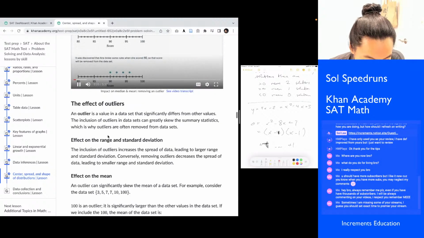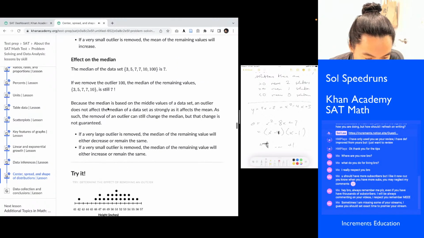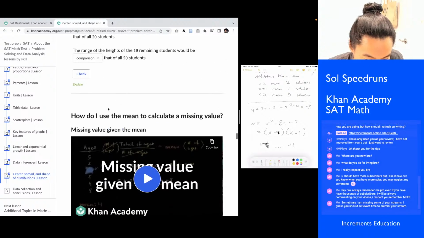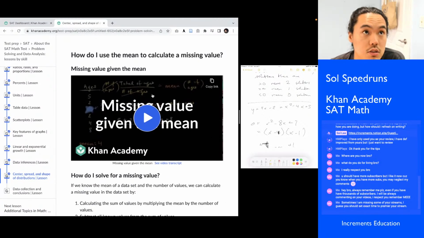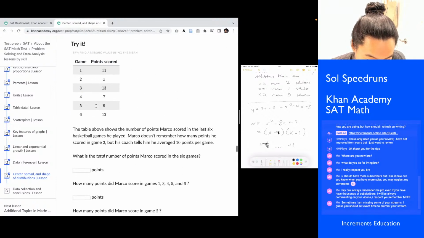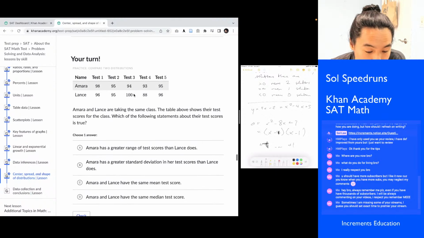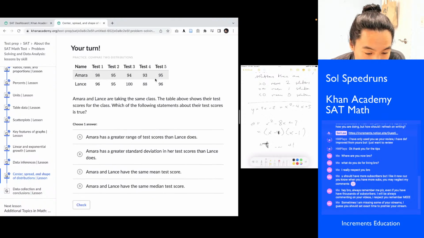No, outliers. I'm good with outliers. Hang on, let's turn this off. Okay, I'm good with outliers, so I'm going to move on. And how do I use the mean to calculate? No, I'm good with this. So the mean here is, let's see, maybe 95.